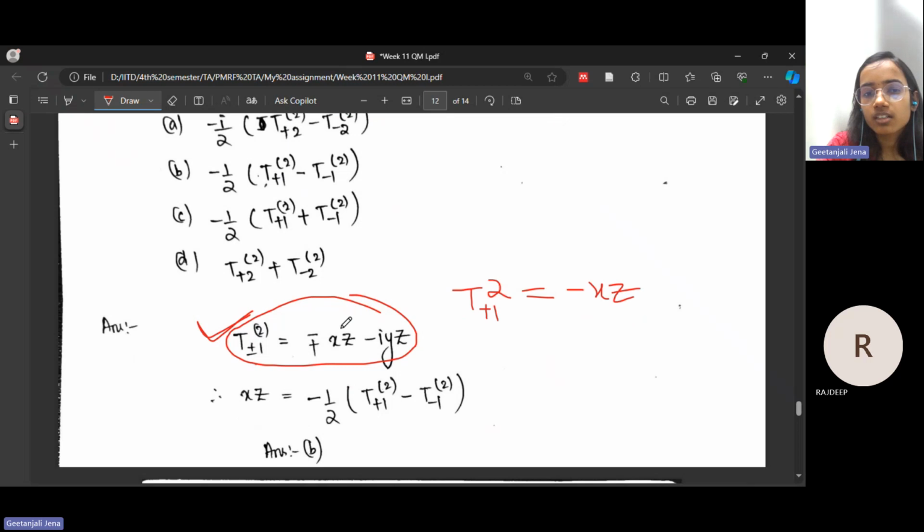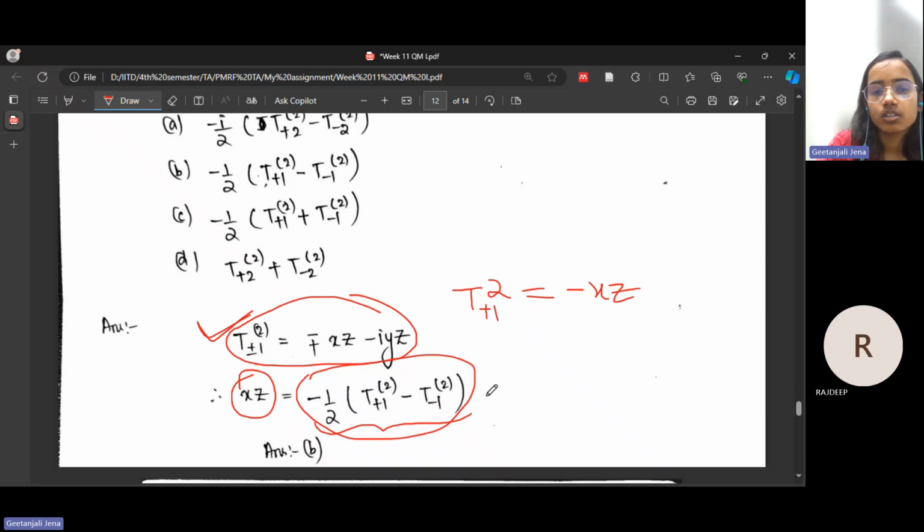So now you already know the expression. You can easily calculate the value of x z by taking this T plus 2 and T minus 2. If you solve it, you will get an algebraic equation, and from that you can easily get this expression, which is x z equal to minus half T plus 1, 2 and T minus 1, 2.